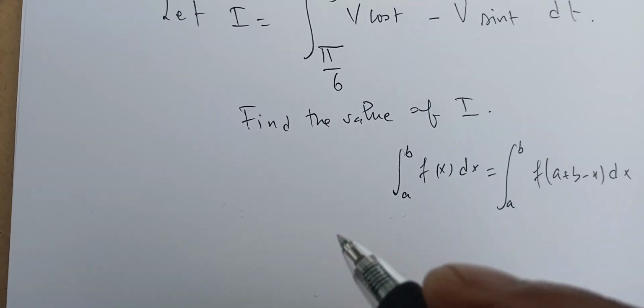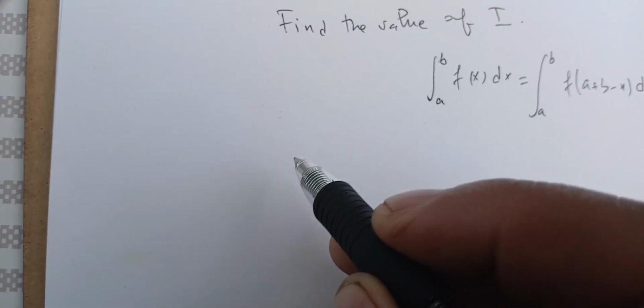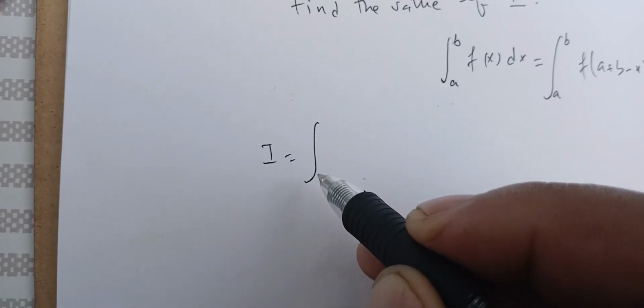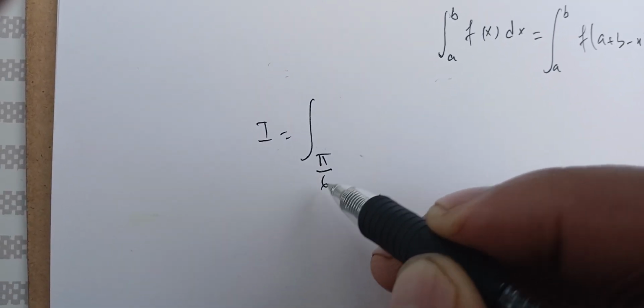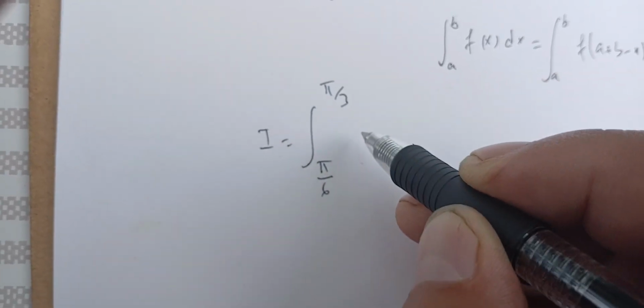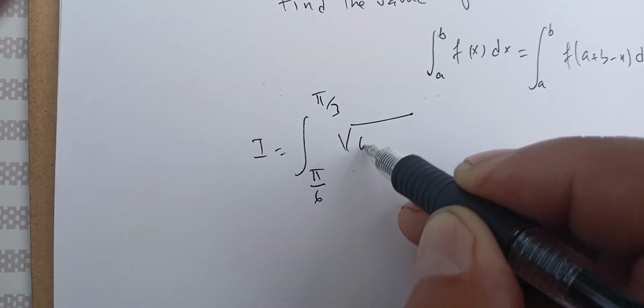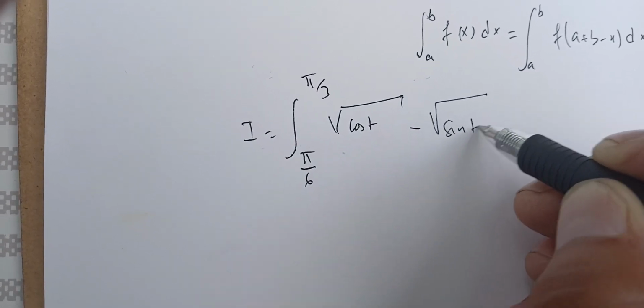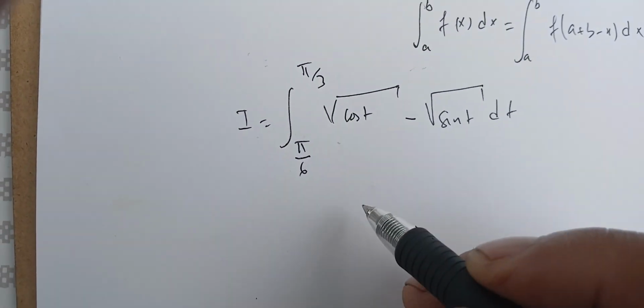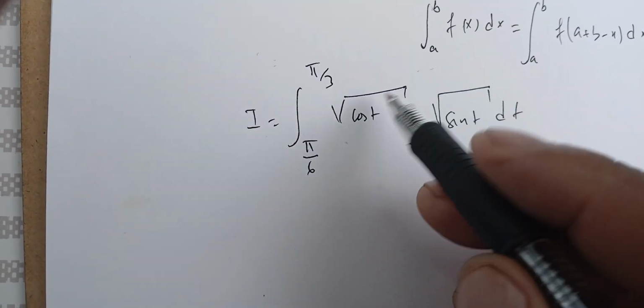Okay, let's do that. In fact, we have I is going to be the integral between pi over 6 and pi over 3 of the square root of cosine t minus the square root of sine t dt. We can use our change of variable.